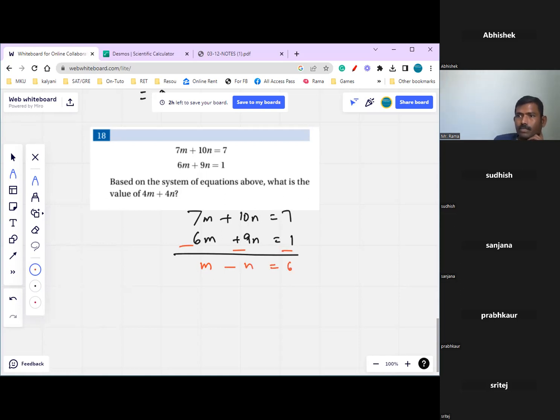But if I look at it carefully, wait, this is plus, right? Yeah, this is plus. Now they're asking for just 4m plus 4n. All I have to do is multiply the entire thing by 4. That way I can get 4m plus 4n. If I multiply these two, I get 24. So my answer is 24. Easy.